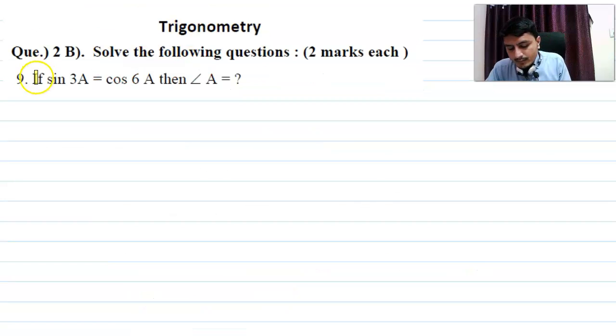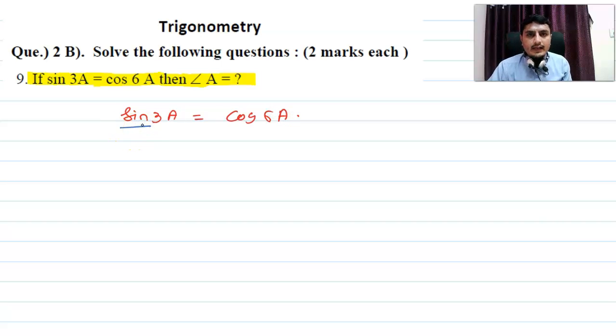Look at question number 9. If sin of 3A equals cos of 6A, then angle A is equal to. Here we have given sin of 3A equals cos of 6A. Now once there is a sin ratio on the LHS, try to convert the RHS in terms of the sin ratio.